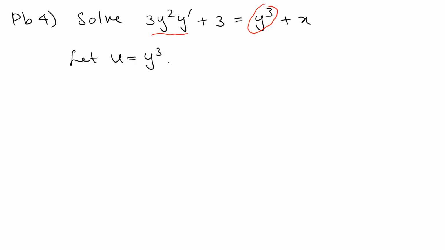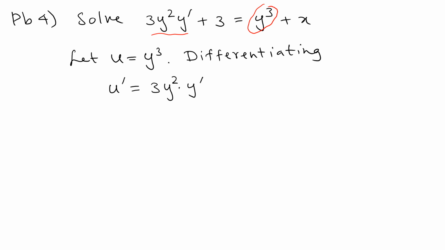Then we're going to differentiate. On the left side you get y prime. On the other side, by the chain rule, you take the derivative with respect to x. So it is 3y squared, that's the first term, and then you multiply by the derivative of y, which is y prime. And you can see that's exactly what you have on the left side.